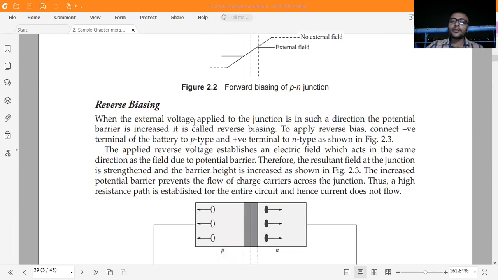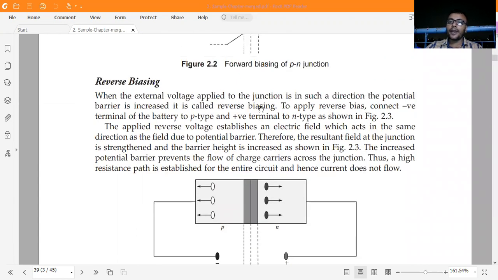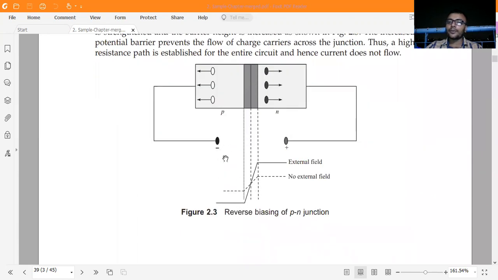But if you look at reverse biasing, it is just opposite to forward biasing. Here the negative terminal of the battery is connected to the P terminal and the positive terminal of the battery is connected to the N terminal. What is the mechanism?